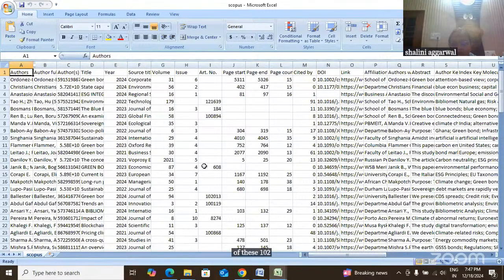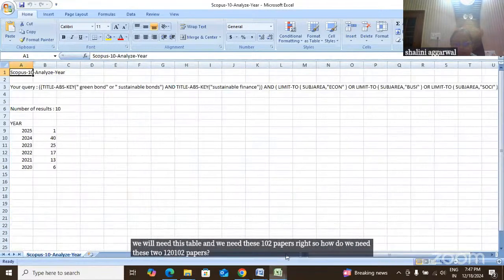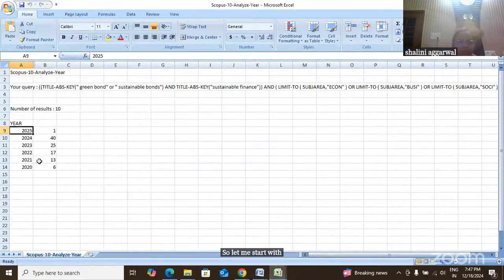Please remember, from here we will need this table and these 102 papers. So let me start with one table that we have got.